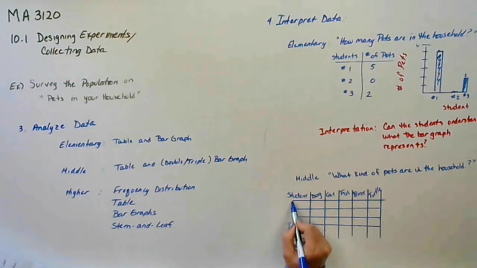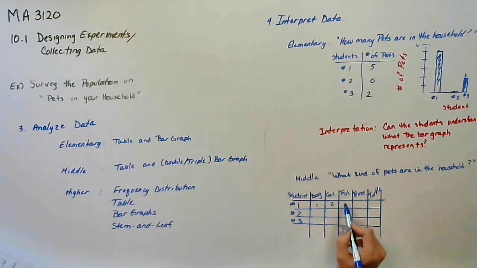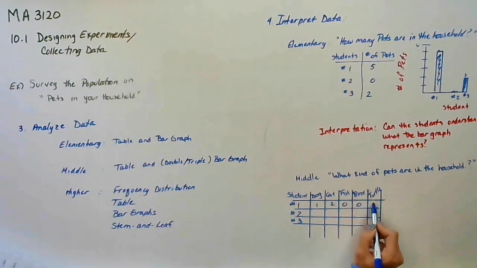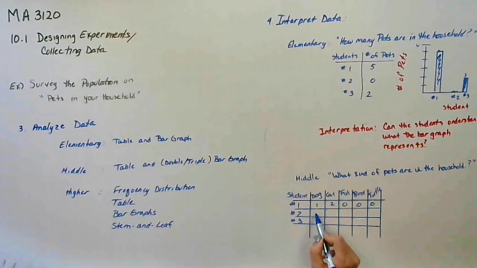And then you have student number 1, number 2, number 3, and you collect the data from all your students in your class. Okay? So we're just going to make this up. I'm going to say student number 1 has 1 dog, 2 cats, no fish, no birds, no turtles. Student number 2 has 2 dogs, no cats, 1 fish, 4 birds, and 1 turtle. Student number 3 has only 20 fish.